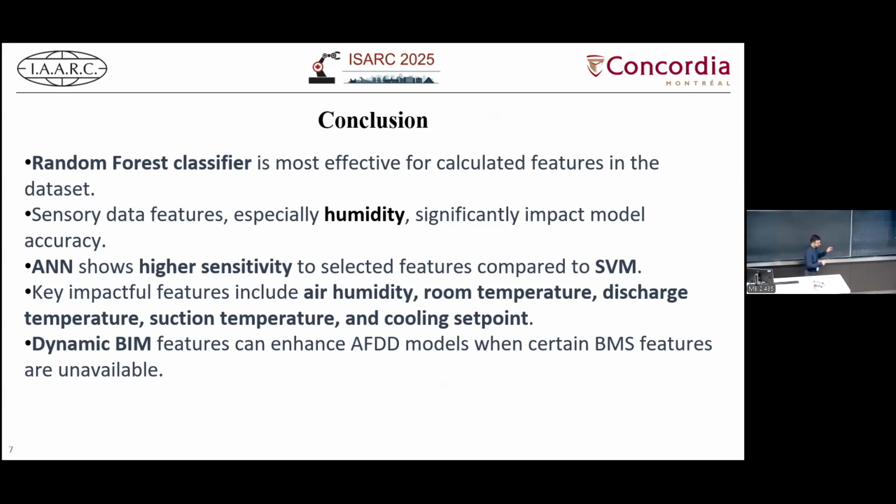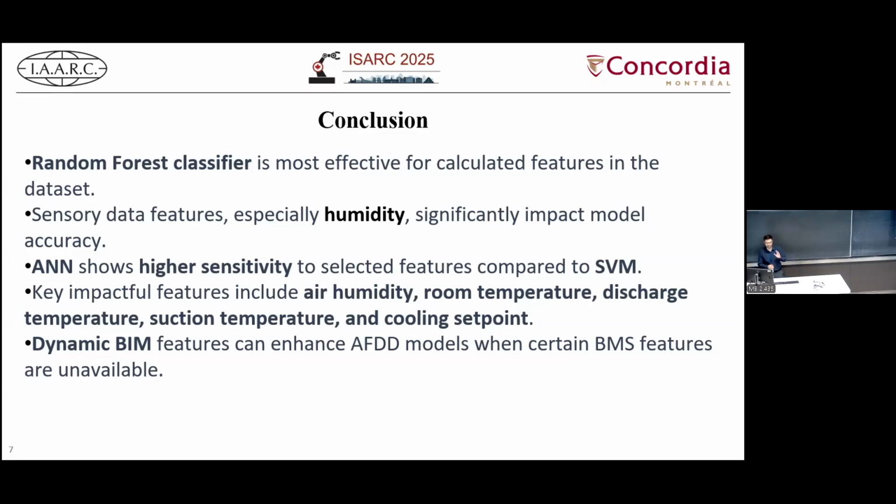These are some of the findings: which classifier works best for the stateful BIM feature we have, and the recommendation in terms of which feature can be replaced with the stateful BIM. Humidity was one of those that showed the most sensitivity, and it's part of the ongoing investigation to see how that would affect a real case scenario.